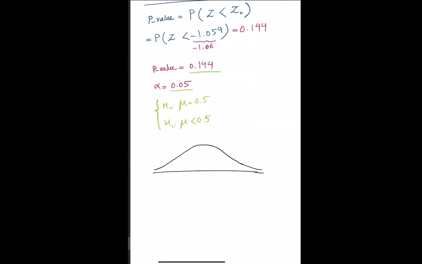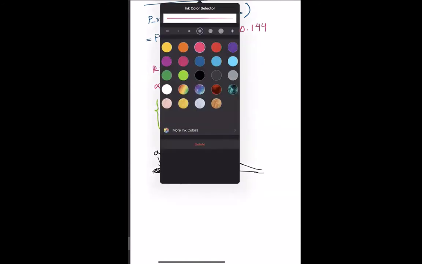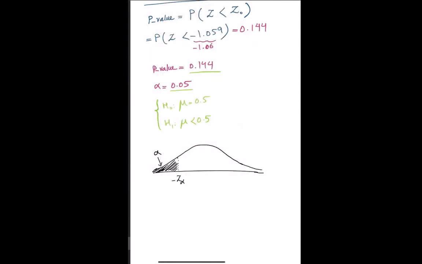If this is the z table, and this is minus z alpha, this black shaded area is basically what we have as alpha. And here, z of alpha is minus 1.65.